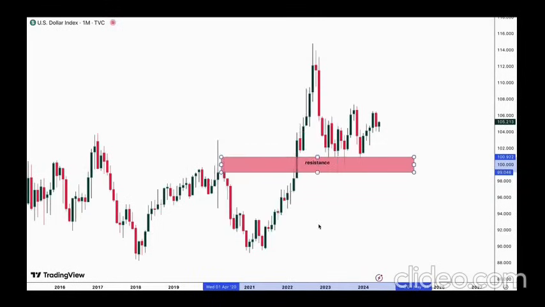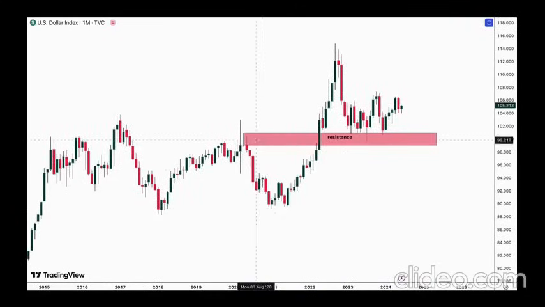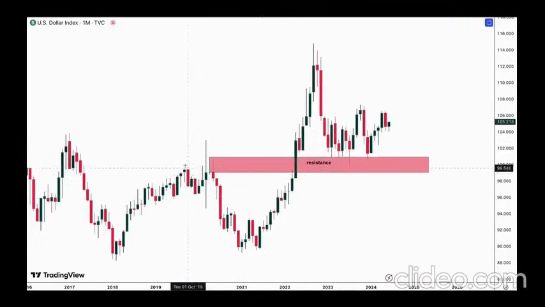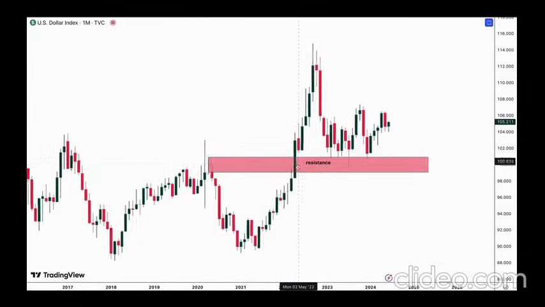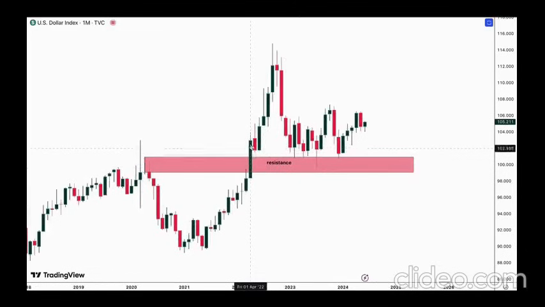This is the resistance, guys. As you can see, the market made this previous high, but the market managed to break here. This big strong candle broke this resistance and turned it into support. So once resistance is broken, it becomes support.